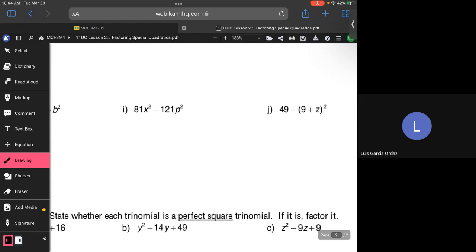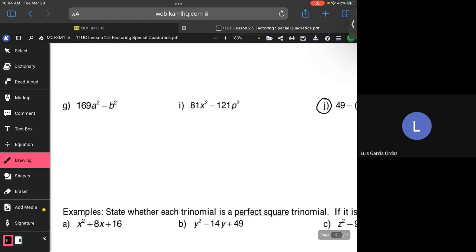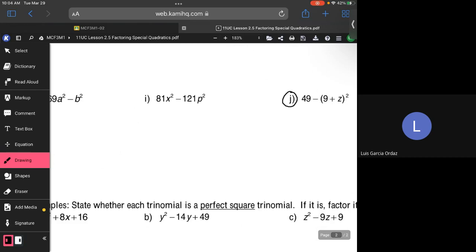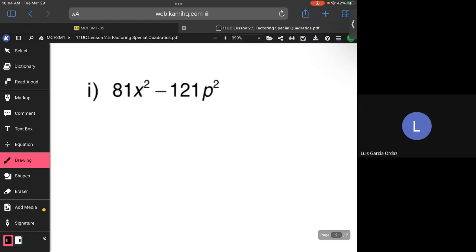J is a tricky one, so we'll do I. You guys can do G on your own. So let's do I. We have 81x squared minus 121p squared. I think this is the last page of your notes. Try to figure out what I is going to be.